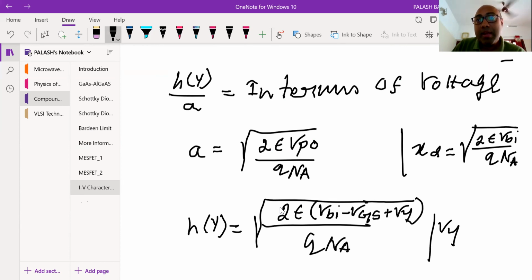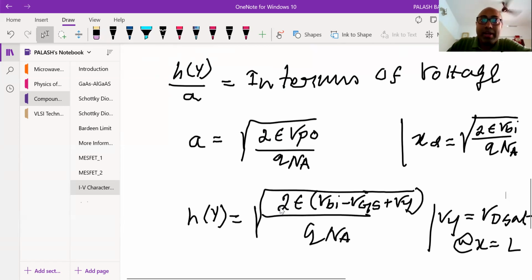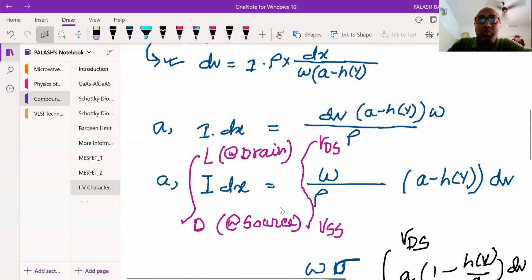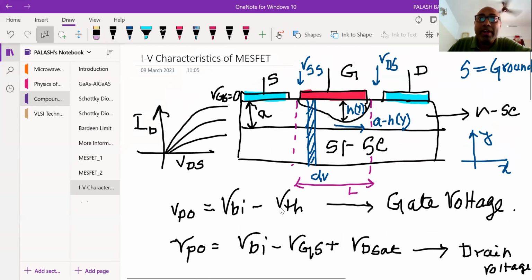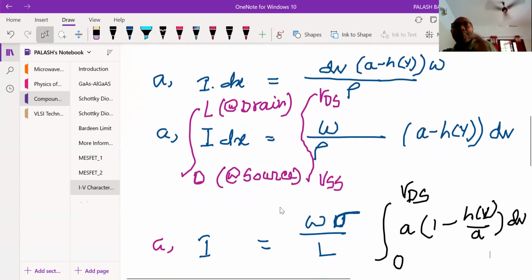Vy is equal to Vdsat at X equal to L. When you are very close to the drain, you have achieved Vdsat.